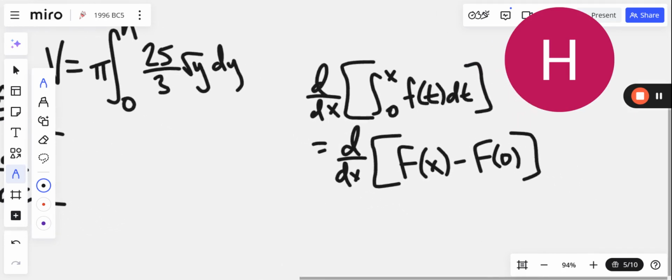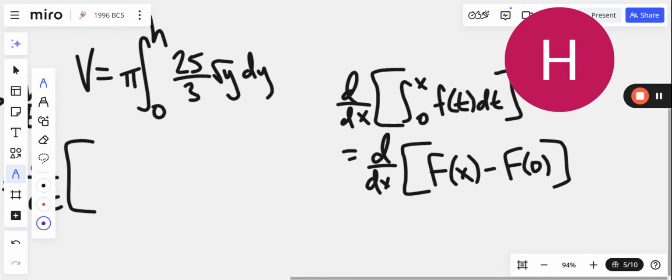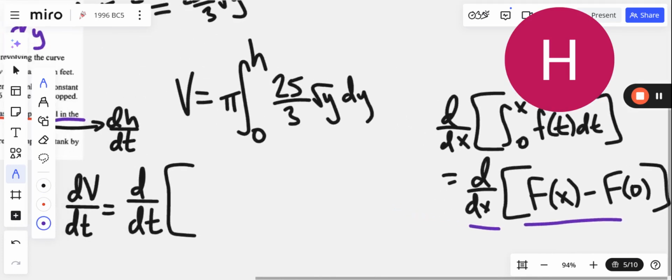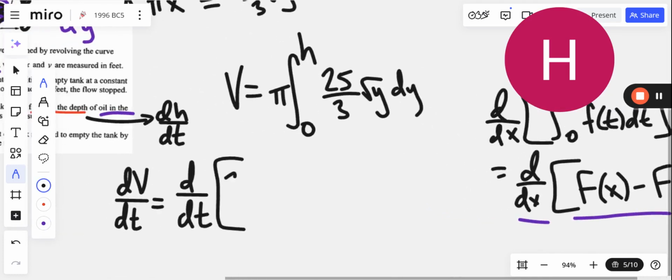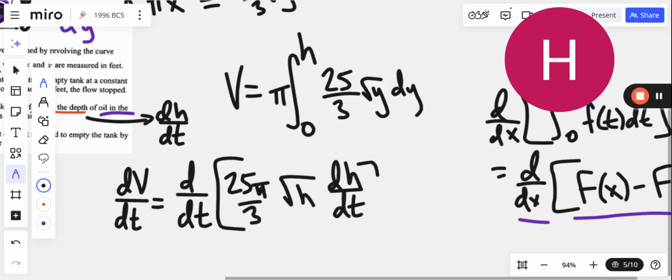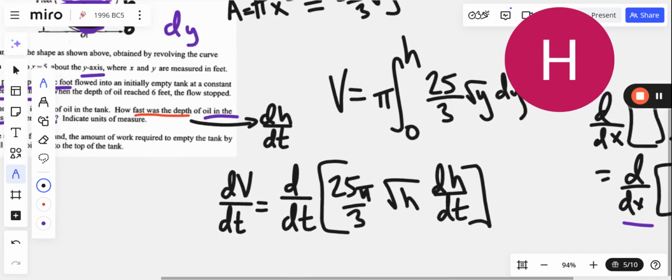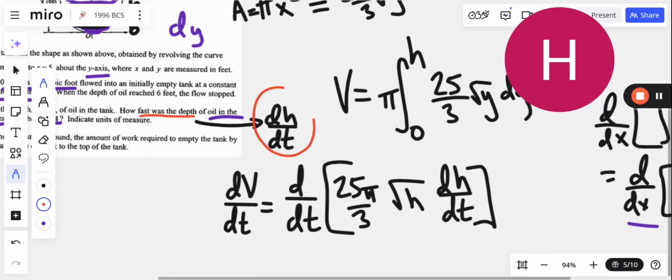Which means that we have to consider the chain rule when we take the derivative next. It's not just going to be 25 pi over 3 square root of h. It's going to be 25 pi over 3 square root of h dh dt. And this is what's going to allow us to solve for the thing that we're supposed to solve for in the first place. This is the first sign of seeing dh dt.